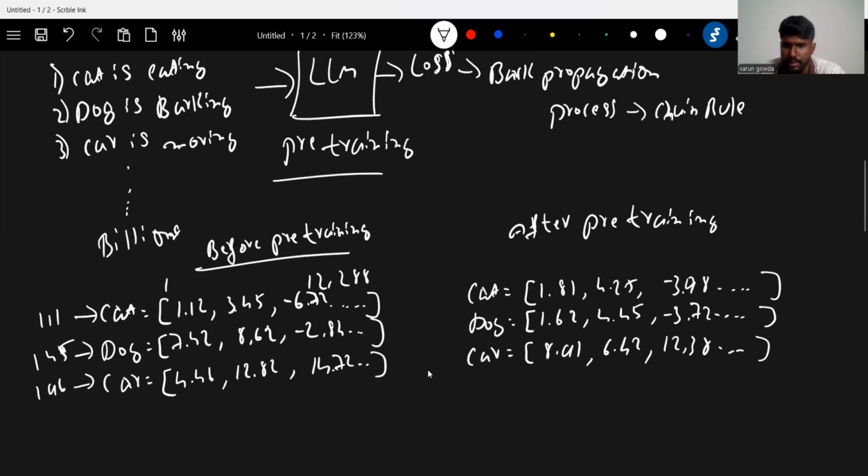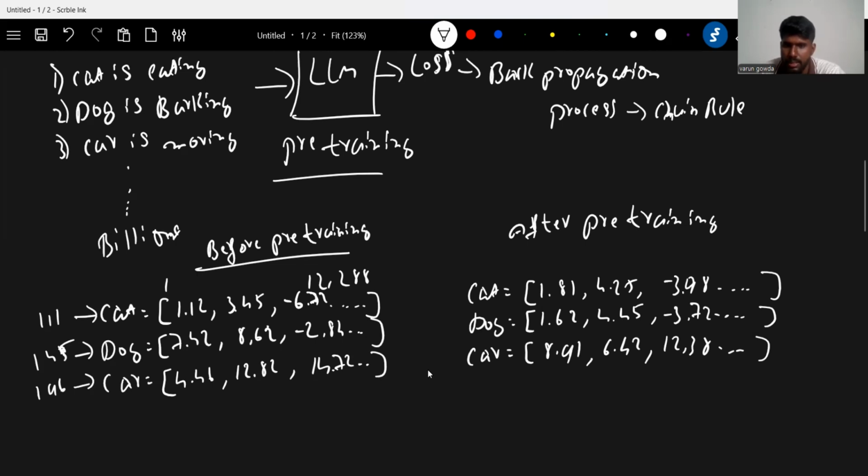So it can move these two token embeddings, or token vectors, near to each other. But if you see the car, it is a different embedding itself. It's nowhere near this cat and dog because it's completely different. These are animals, and this is a machine.